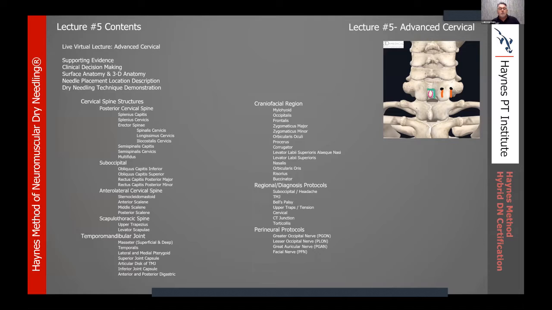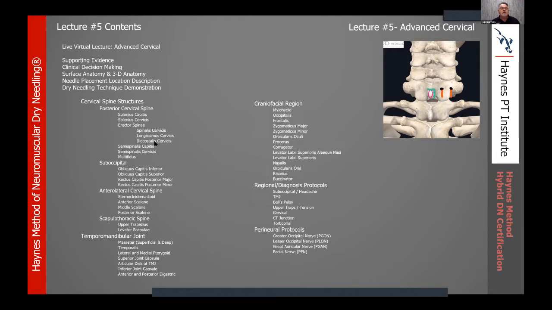Some of this we will have already gone through. So here in cervical spine structures, the main things that we're really going to add are the longissimus and iliocostalis cervicis. These other structures we added when we did those 2 dry needling locations adjacent to the spinous process of C6 and T4.